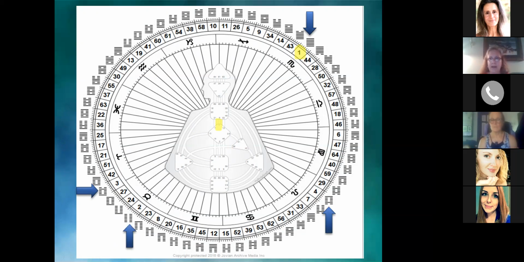The initiating gate, it is actually called the gate of initiation, is gate 41 right here. And that can be found right here down in the root center, which would equate to the root chakra. And it's right here at gate 41. So this is gate 1 in the body graph. And this is what, again, we call the Rave mandala. It combines those two together.